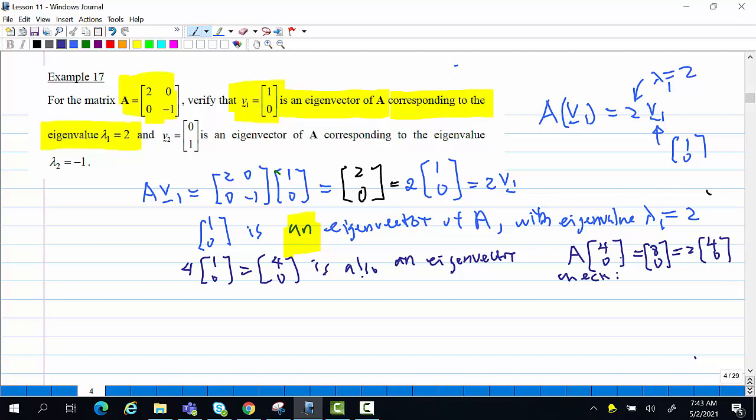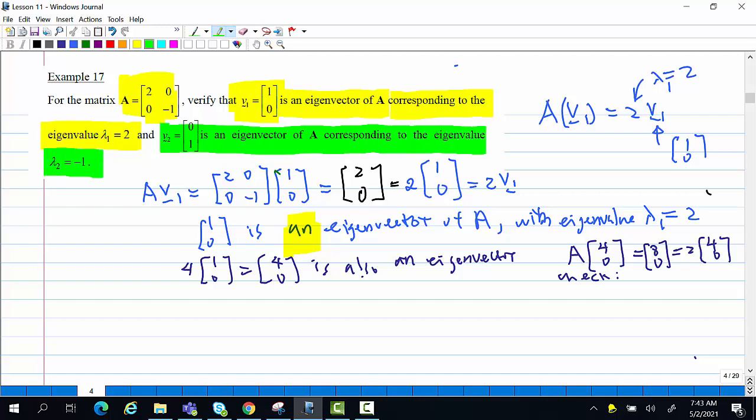Now, let's look at another statement. Show that V2, which is 0, 1, is an eigenvector of A corresponding to eigenvalue lambda equal to minus 1. We do a similar thing.